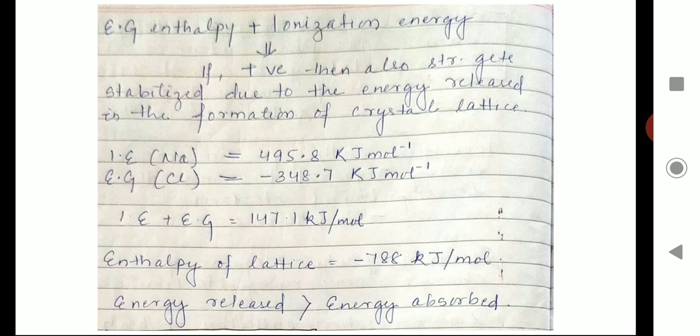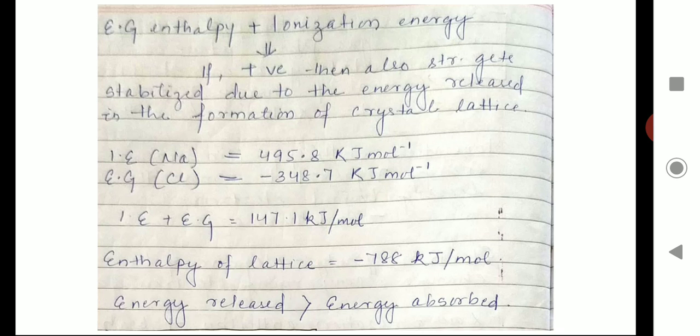Then, also from NCERT, the enthalpy of lattice here is minus 788 kilojoule per mole. The energy released, even by magnitude, is higher than the energy absorbed, and as it is negative, it will be a stable compound. So lattice enthalpy is the most dominating factor here.